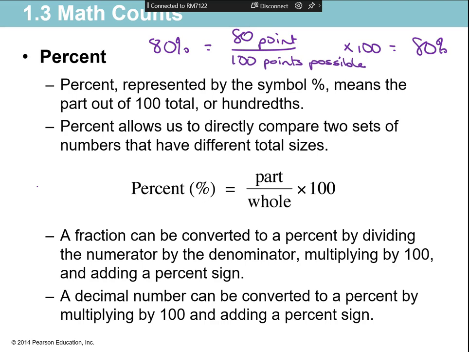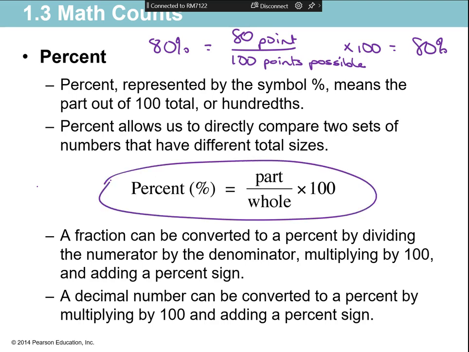So it would be your score divided by the total possible score times 100, which puts everything on a scale of 0 to 100. So instead of saying, oh, well, I got 6 out of 7 right, or I got 9 out of 25 right, you have it on a scale of 0 to 100. So that's how you do percent.